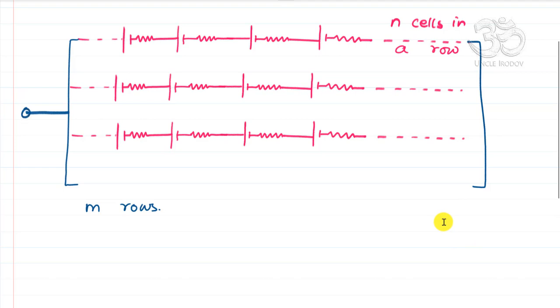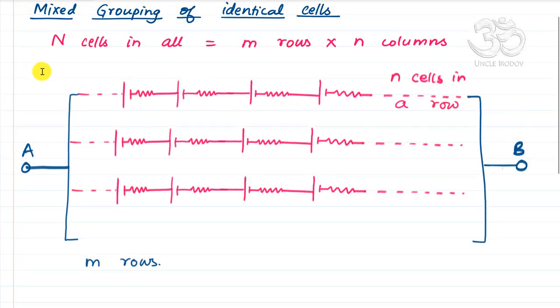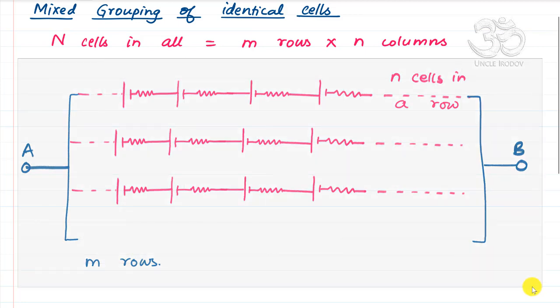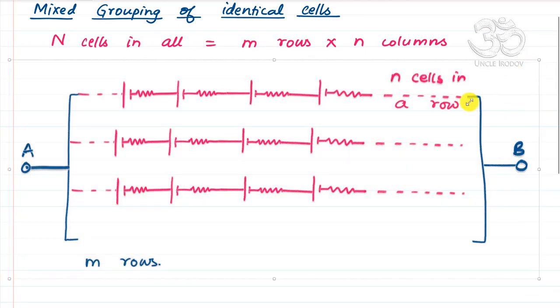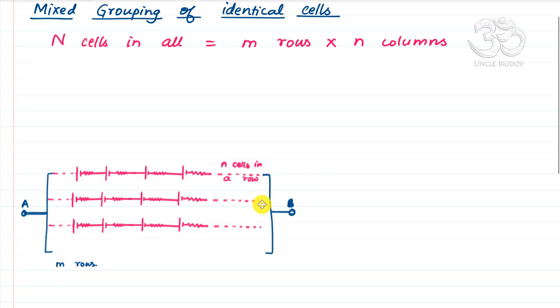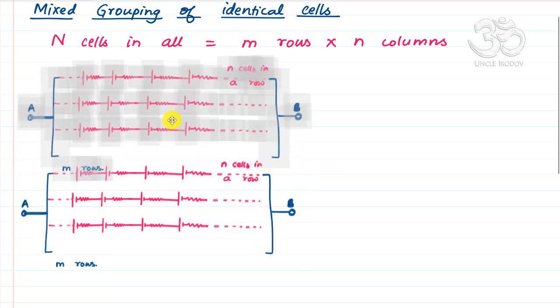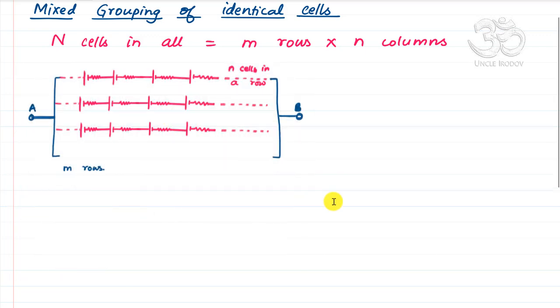So we will have a point A on the left end and a point B on the right end, and these A and B points will form the terminals of that net battery that we have, right? And let me just make this smaller so that I can fit in more on the same page. So you have got an arrangement like this, and to this arrangement I will attach an external resistance, R external.